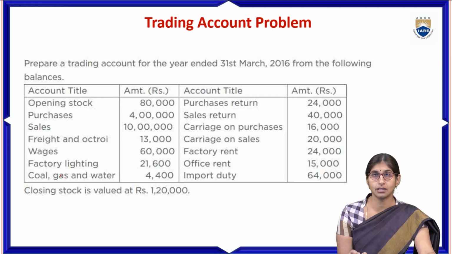These are the ledger balances given to us, and the closing stock is valued at 1,20,000. So these are the items which are given to us. Now we have to prepare the trading account.